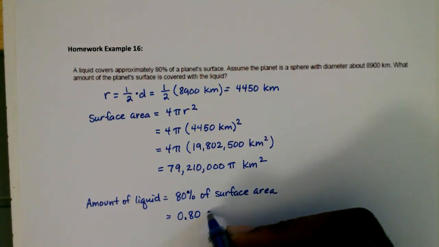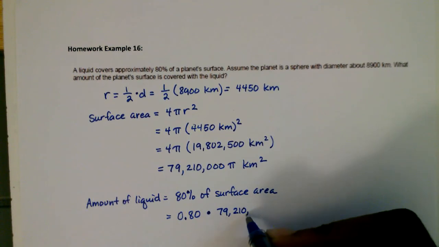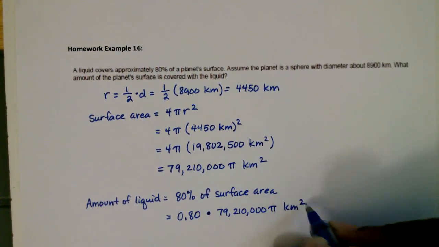And the word of means I need to multiply 79,210,000 pi square kilometers.